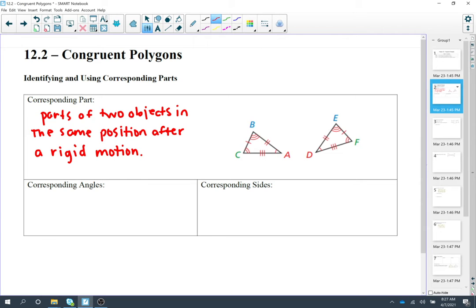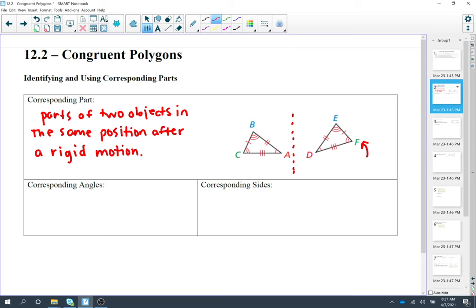So if I were to take triangle ABC and reflect it, rotate it, translate it, and it becomes triangle DEF, the parts that are in the same relative position are corresponding parts. For example, this triangle looks like it has been reflected over a line somewhere here, and then shifted up.